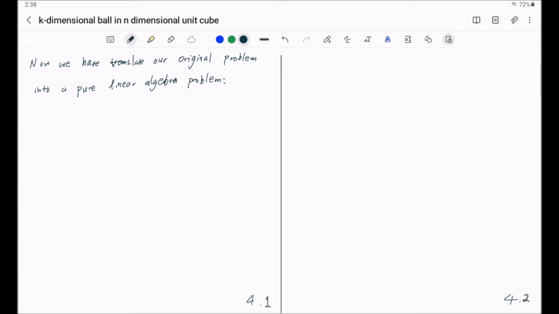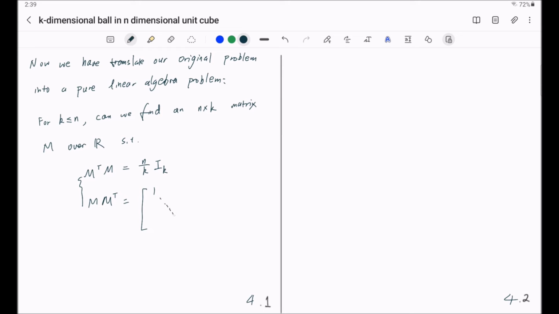This problem is, for k less than or equal to n, can we find an n by k matrix M over real numbers such that first, M transpose M is n over k times I_k. And second, the diagonal entries of M M transpose are all ones. So this is the question.